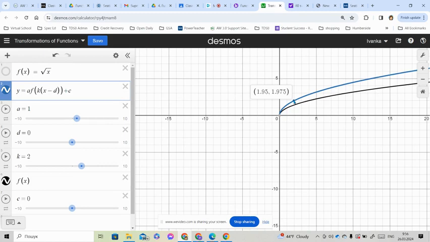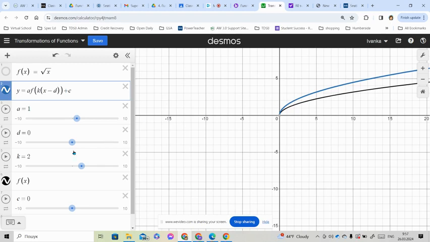So am I stretching this function or squashing it? You're squashing it, right? This black function becomes the blue by squashing it. I'm compressing it horizontally. Now vertically, this is the important thing. Vertically, it looks like I'm stretching it. So a vertical stretch can be equated to a horizontal compression. Can you visualize that? Okay.